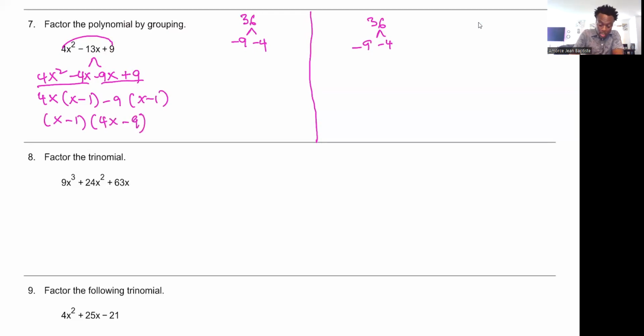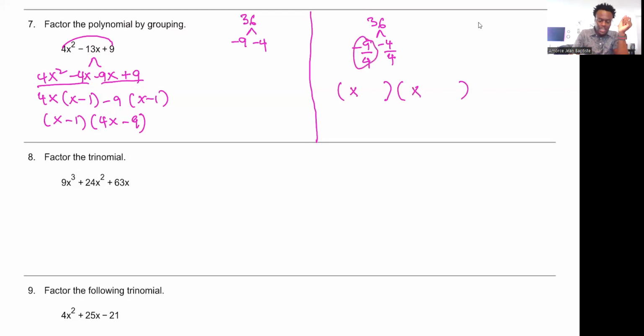Or you can just divide the two factors of this product of A and C, the two numbers you found that summed to negative 13, by the value A, which is 4 in this case, and then set up your parentheses just like you did earlier when you had a monic trinomial, with x for each parenthesis.